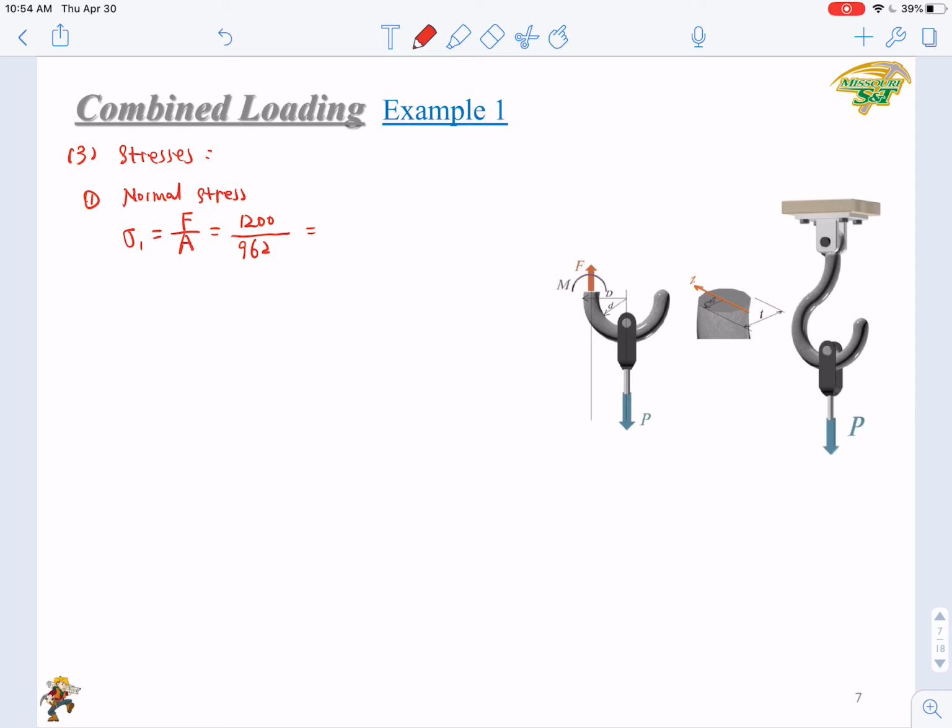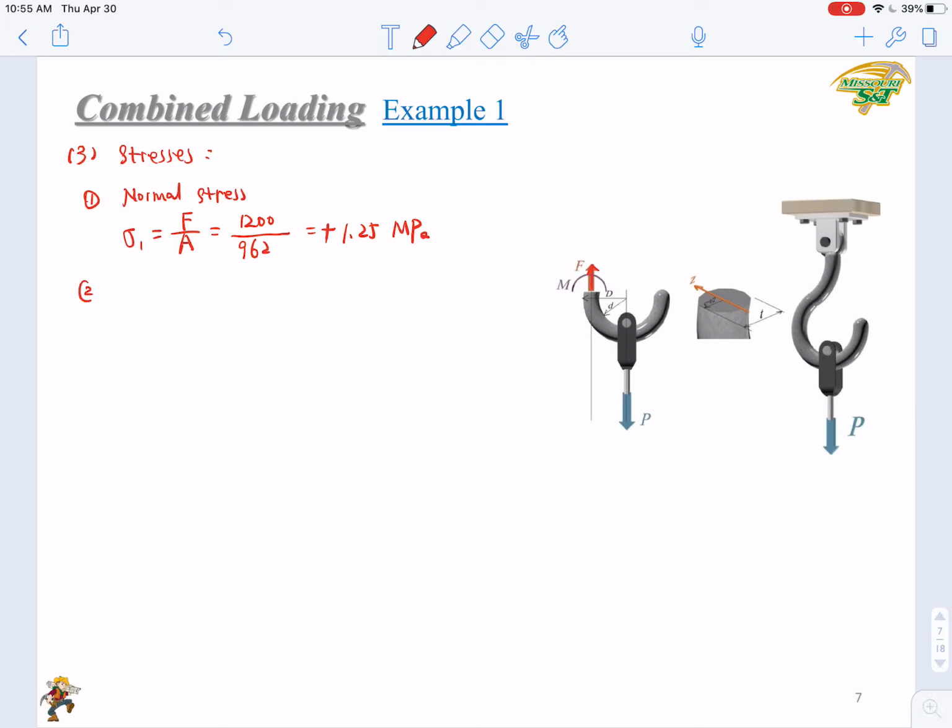So you will get 1.25 MPa. Is this compressive or tensile stress? Right, the F, is it positive or negative? It should be positive, right? It's in tension, right? So here you get a positive 1.25 MPa.